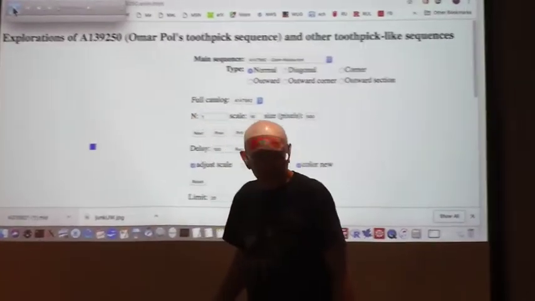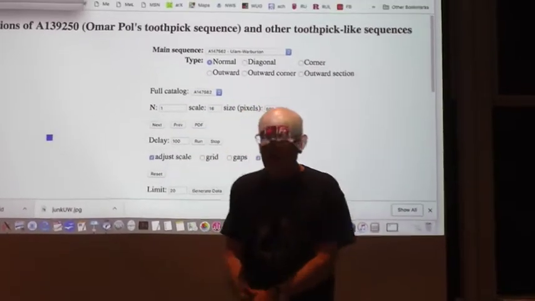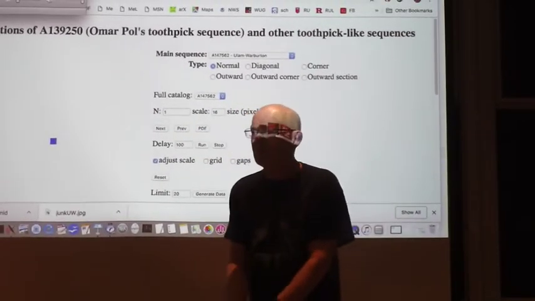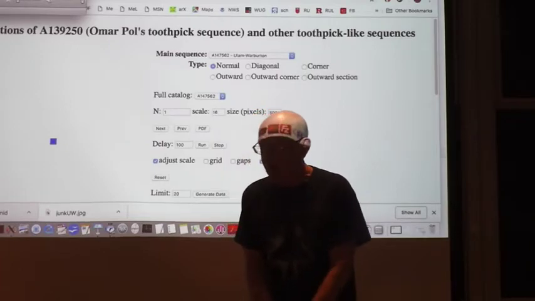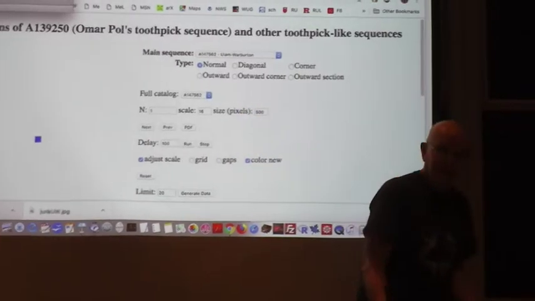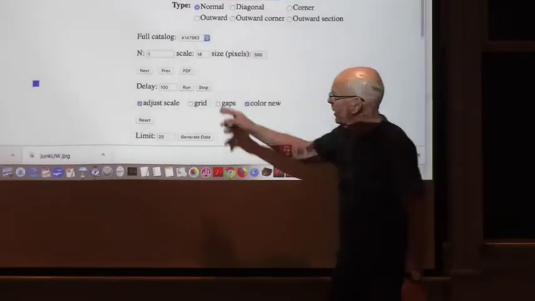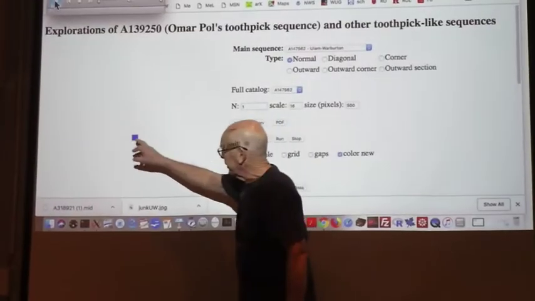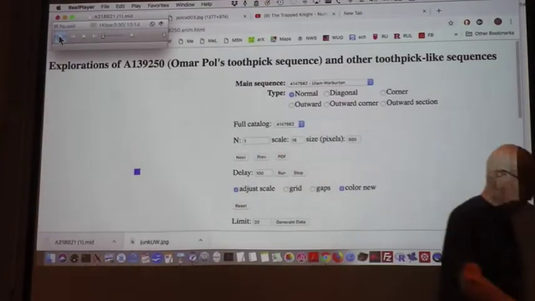I'm also going to talk about a new variation on the famous Ulam-Warburton cellular automaton, which is one of the easy ones to analyze. The classical one is on squares, and it grows like this.